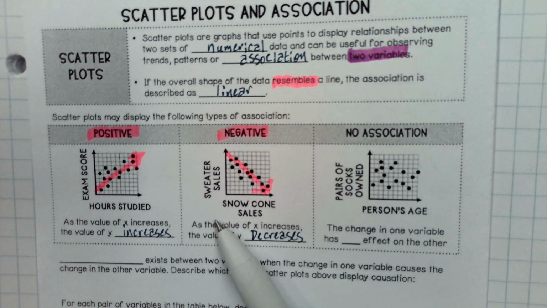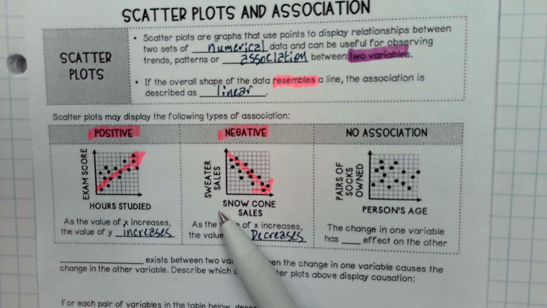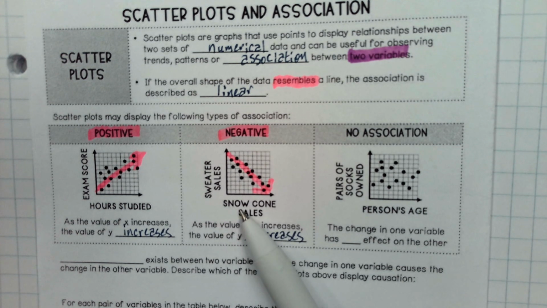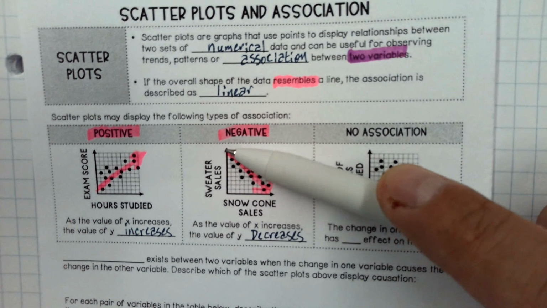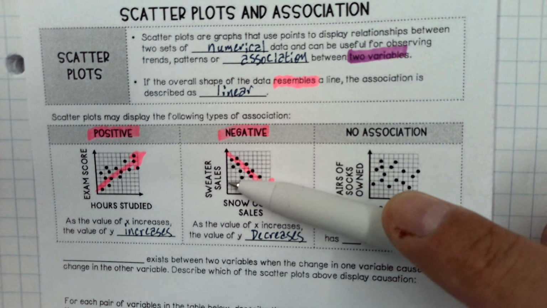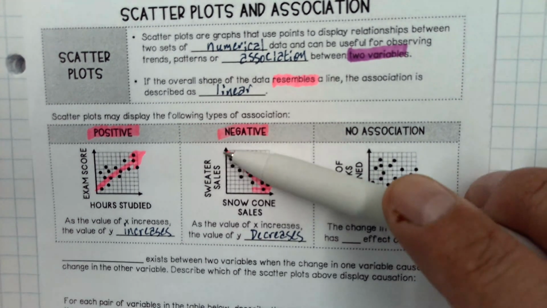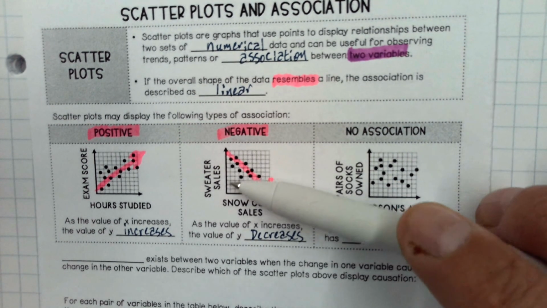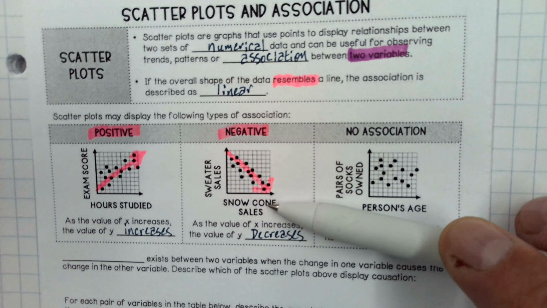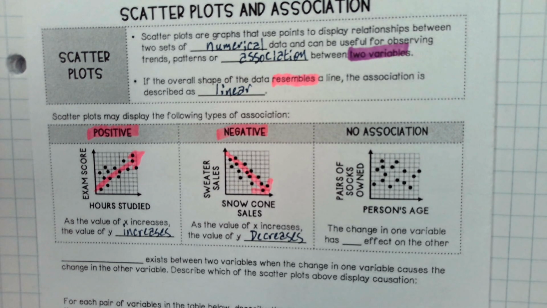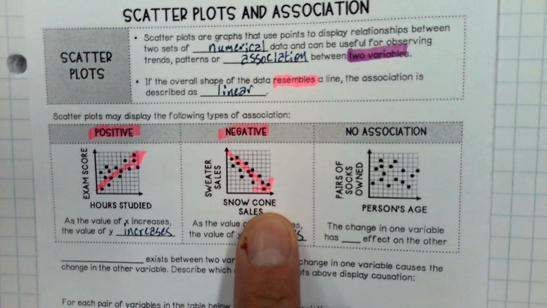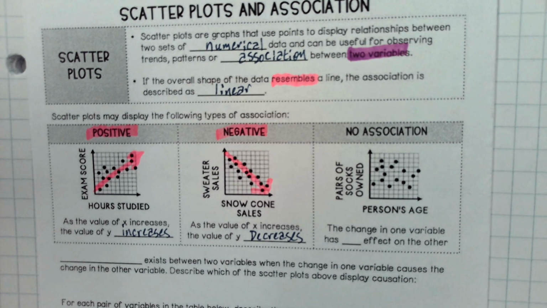As the number of sales for snow cones increases, what can you say happens to the number of sales for sweaters? They decrease, right? Because usually if snow cone sales increase, that means the weather's getting hotter, so there's less of a demand for sweaters.